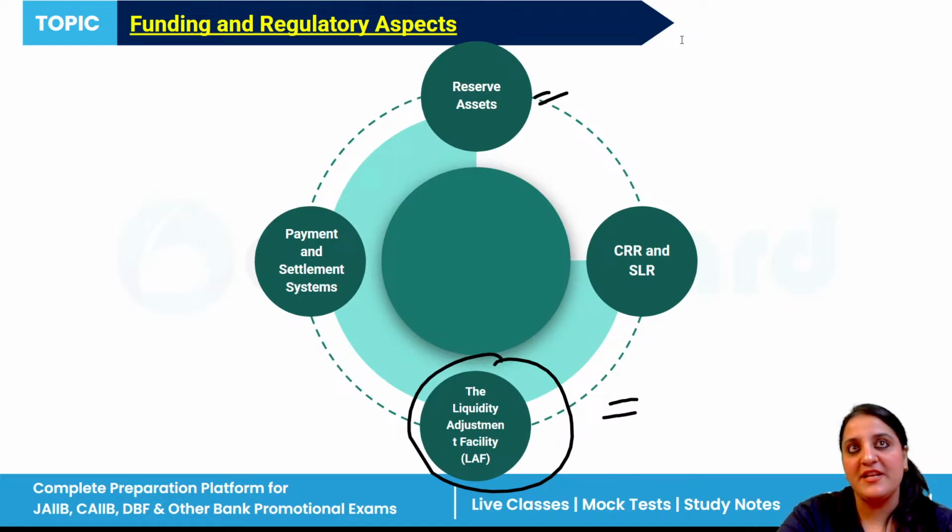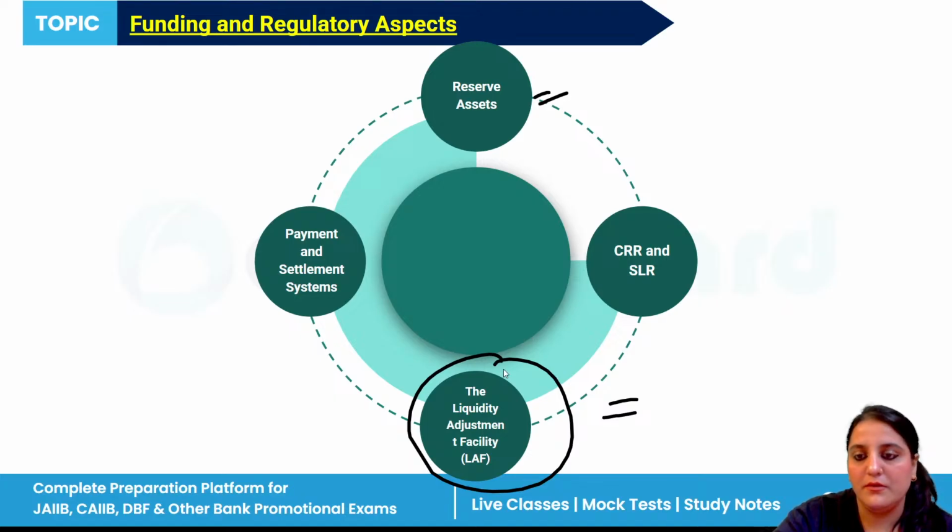Because the liquidity adjustment facility is a monetary policy tool that central banks like the RBI use to manage liquidity and control short term interest rates in the banking system, right?